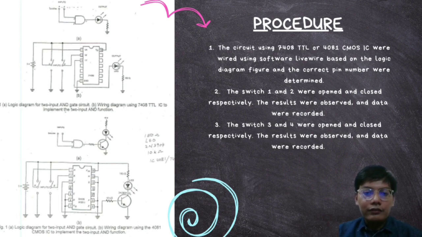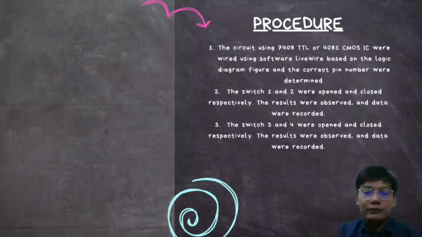The circuit involved the use of 4 switches labeled switch 1 and switch 2 for the 7408 TTL circuit, and switch 3 and switch 4 for the 4081 CMOS IC circuit. The instructions state that switch 1 and switch 2 were opened and closed respectively. The results were observed and data were recorded. Similarly, switch 3 and switch 4 were opened and closed, and the results were again observed and recorded.